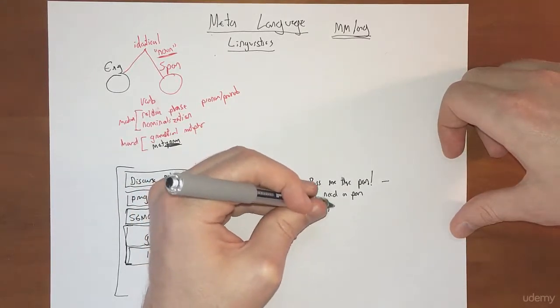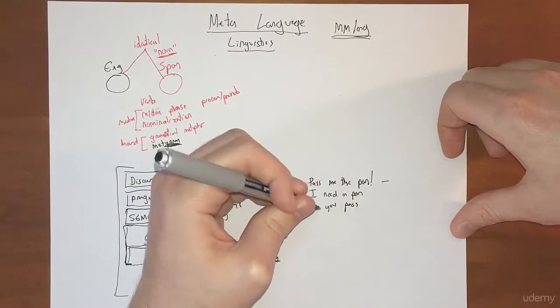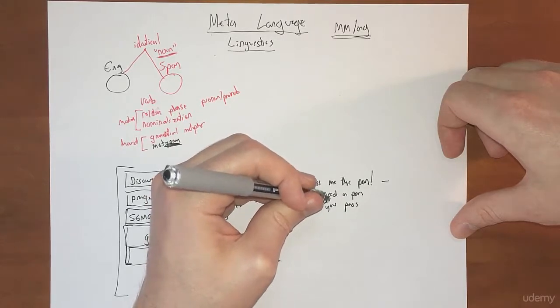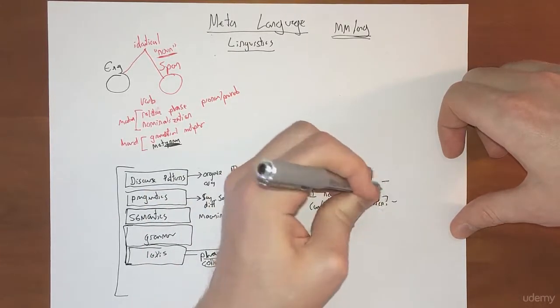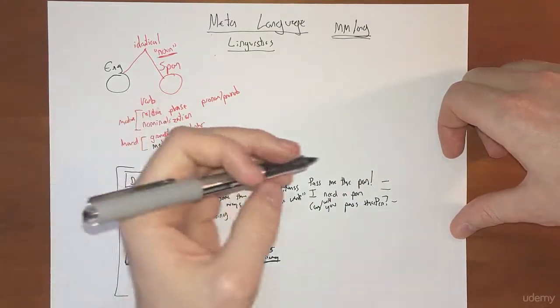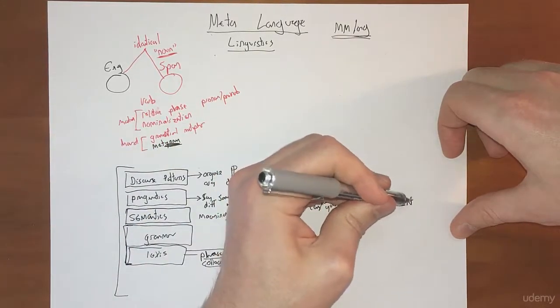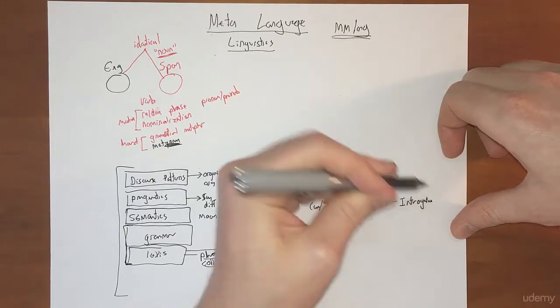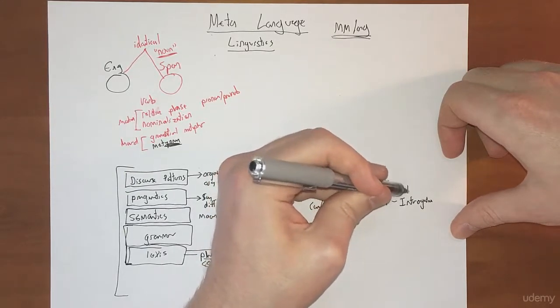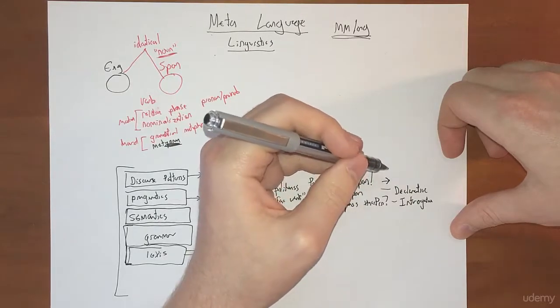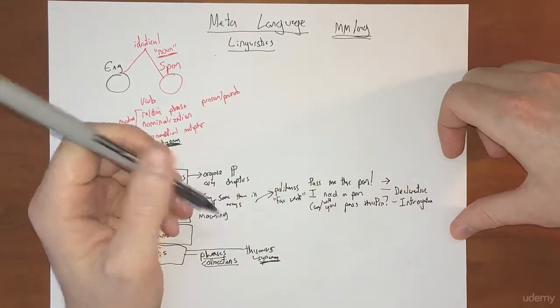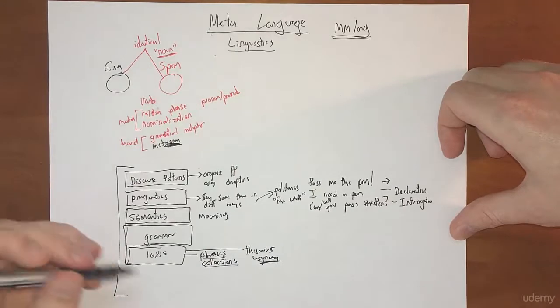Can you pass, or will you pass the pen? This is known as interrogative. This is a declarative. And this is, I don't know why I'm blanking on the word. It'll come to me in a sec.